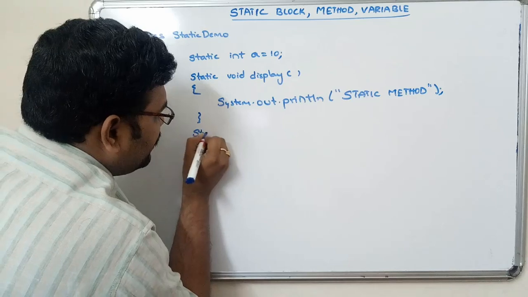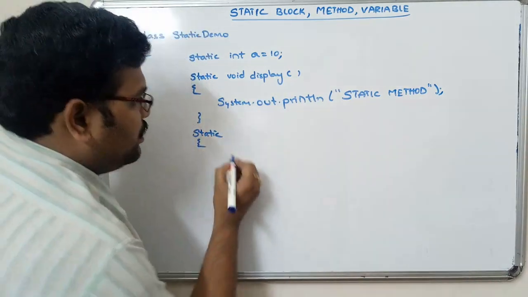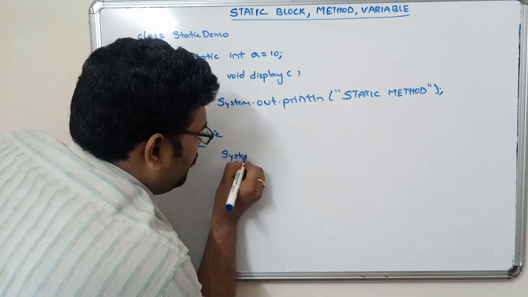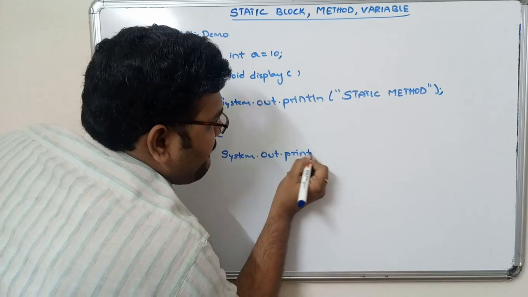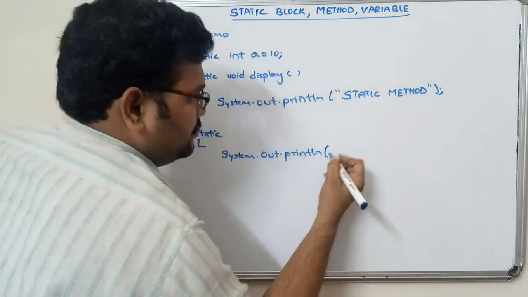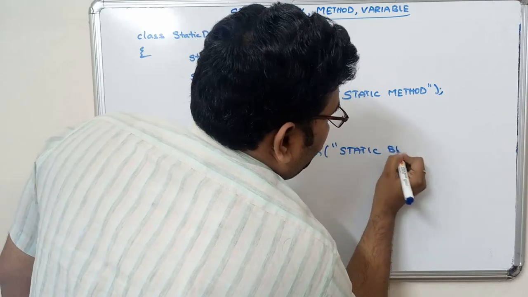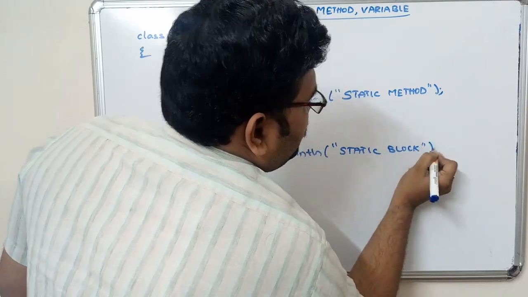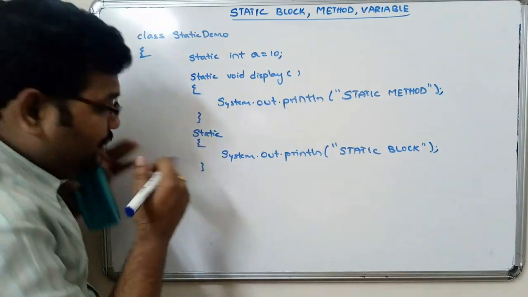And then a static block, with System.out.println printing "static block". Within the same class we are writing the main function.